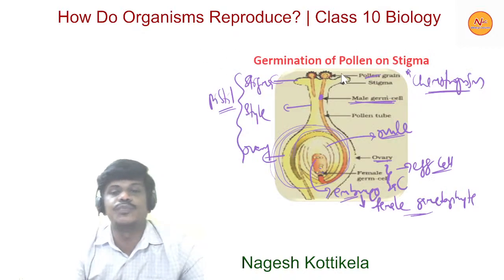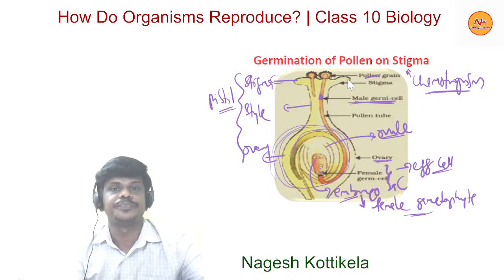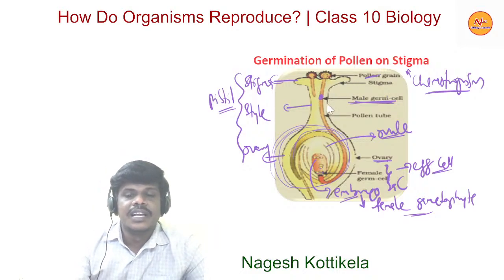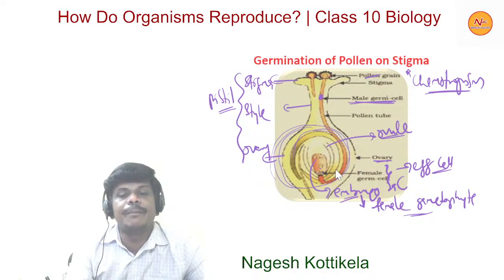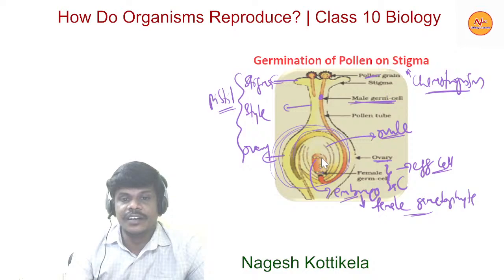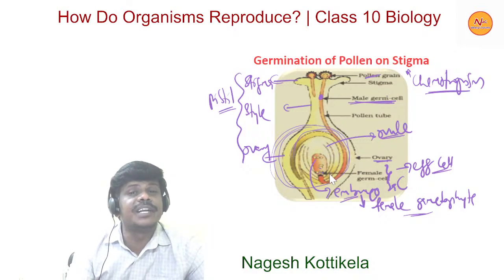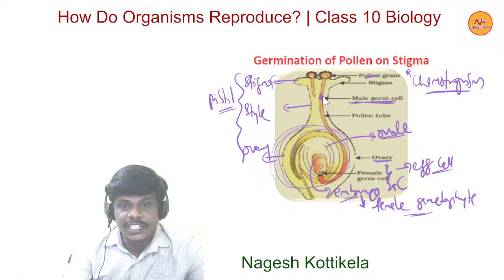Now here comes one very important aspect. The process of fusion of male gamete and female gamete is called fertilization. You can see this is the male germ cell and here we find the female germ cell.